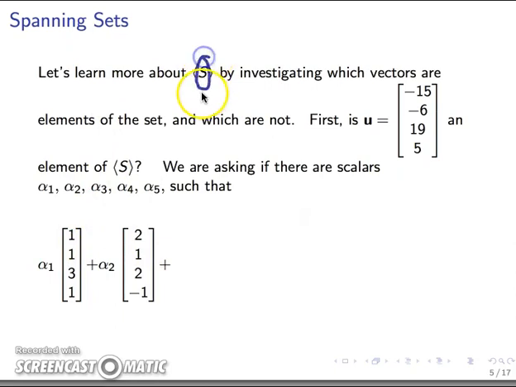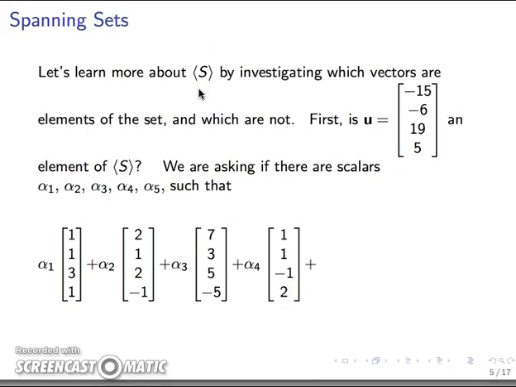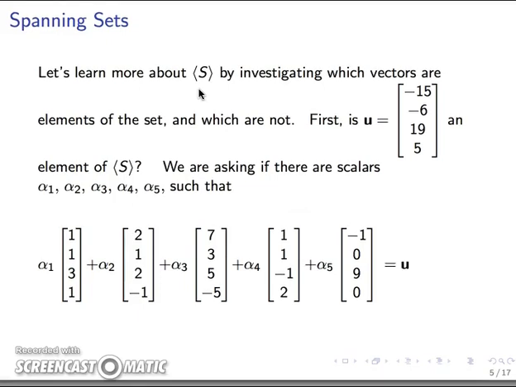That set S contains 5 vectors. So what we're exploring is whether we can find scalars such that this linear combination is exactly equal to the candidate vector, the vector we are testing for membership. Is this a member or not? This is a test of membership.